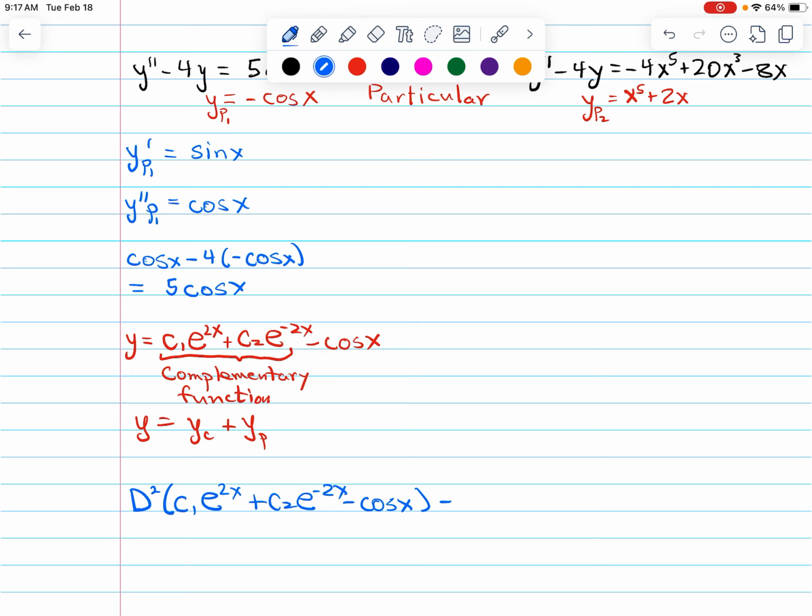And then we've got minus 4 times c1 e to the 2x plus c2 e to the negative 2x minus cosine x.